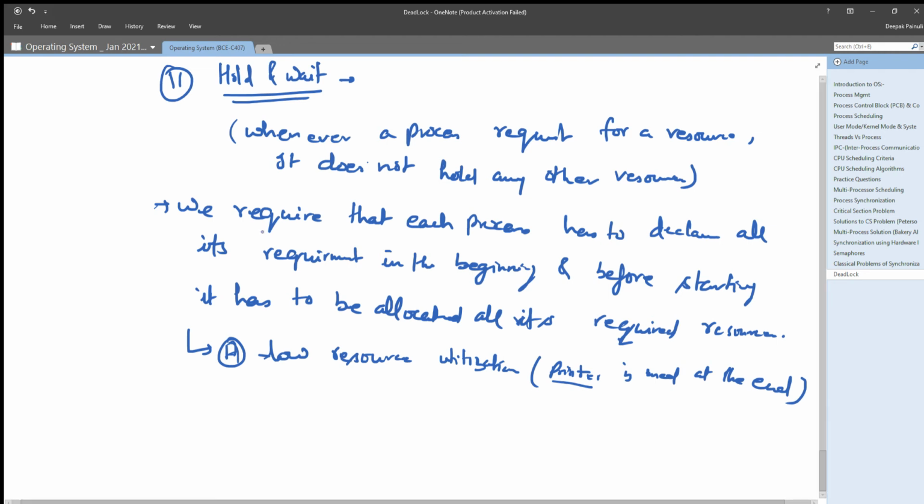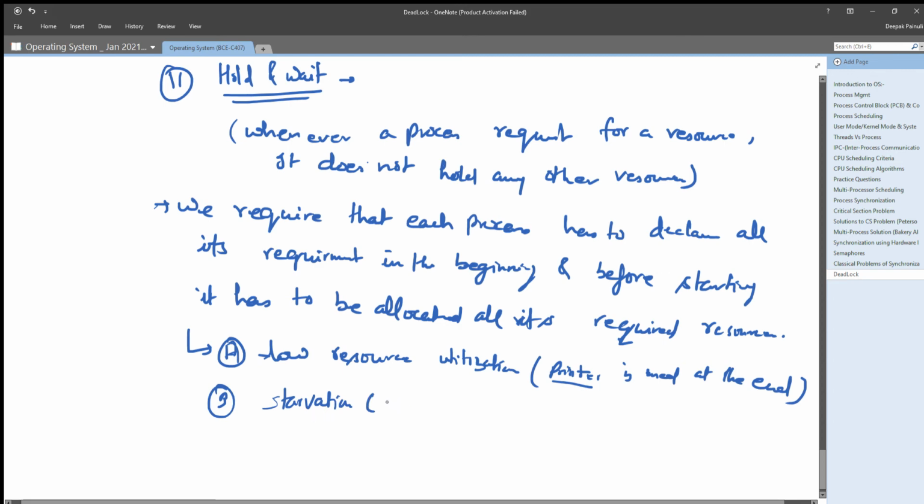The resources engaged by that process waiting for the printer will be underutilized. That's why we say that if we do so, there will be low resource utilization. Secondly, as we discussed, that waiting process will starve, so there will be a chance of starvation.